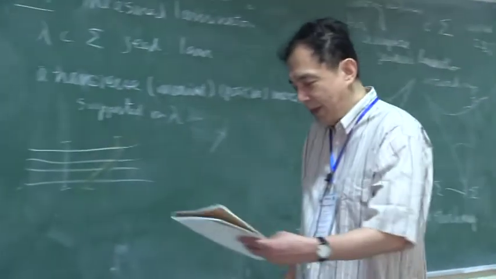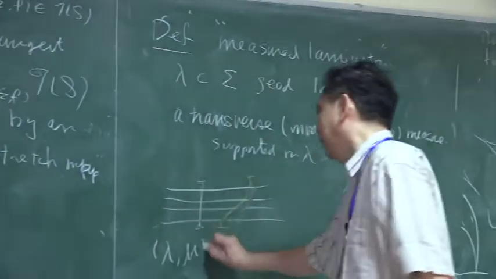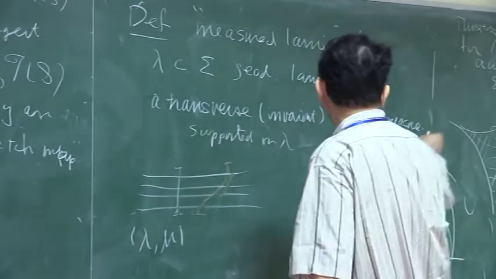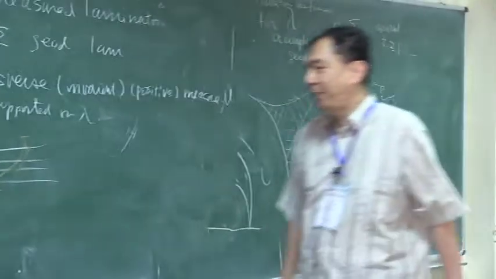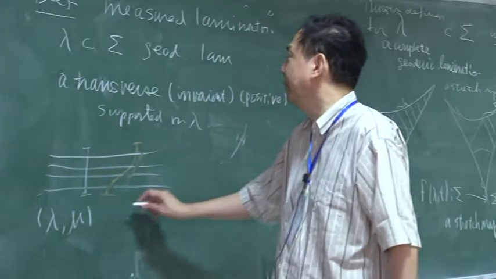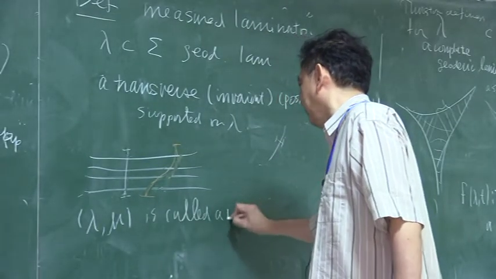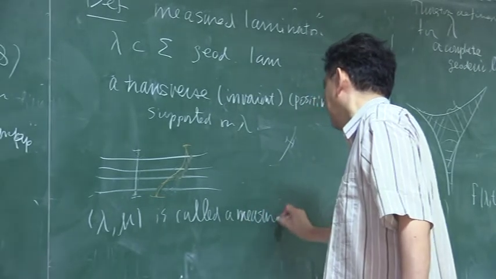So if you have such a positive transverse measure mu, then the pair of the geodesic lamination and the transverse measure is called a measured lamination.